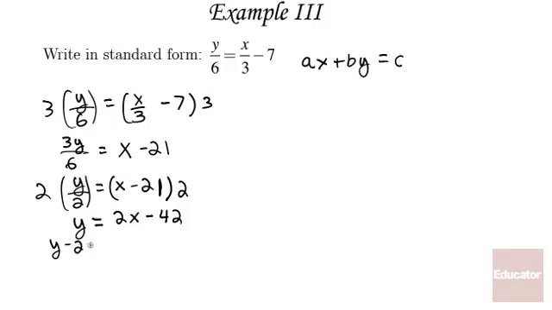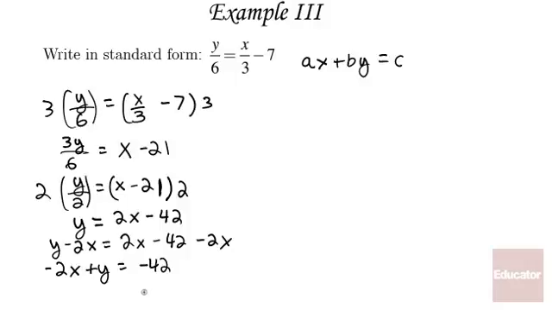Next, I'm going to subtract 2x from both sides to get the x on the left side of the equation. And just switching around the order of the x and y to match this, negative 2x plus y equals negative 42.